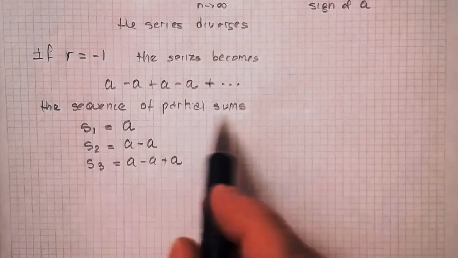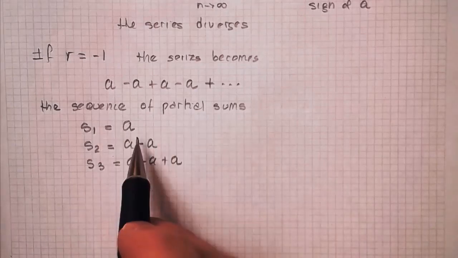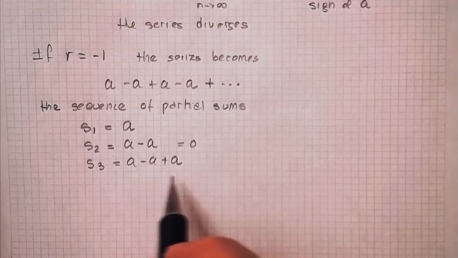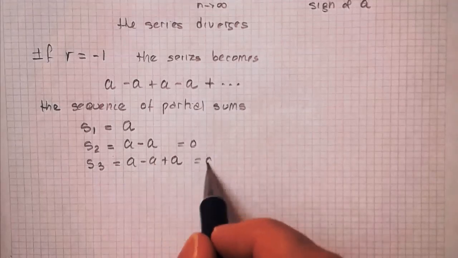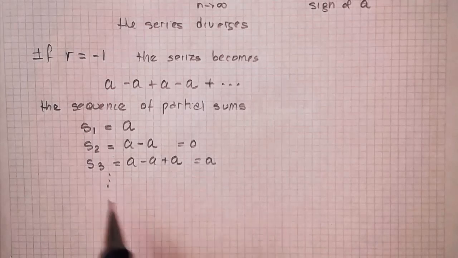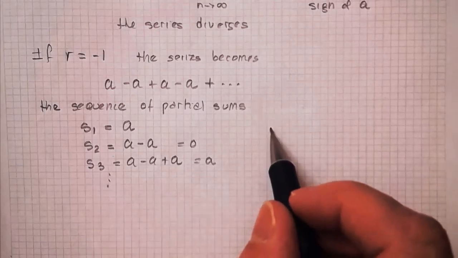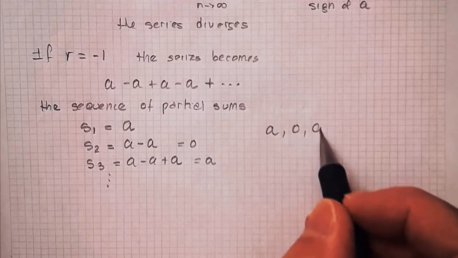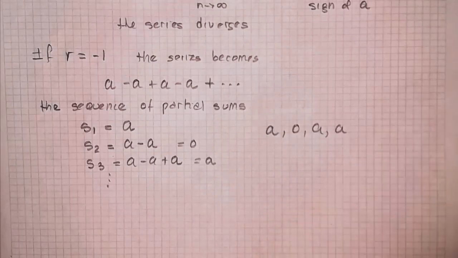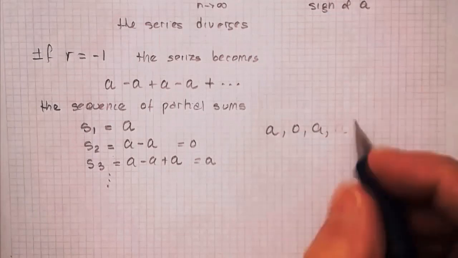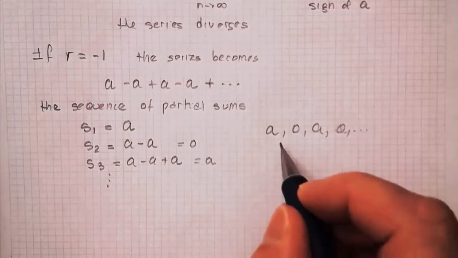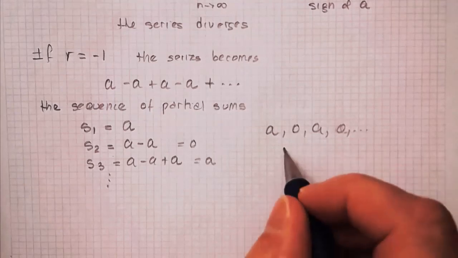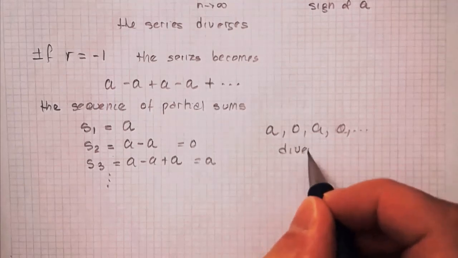And therefore, the sequence of partial sums is going to be a, and the second partial sum is going to be 0, and the third partial sum is going to be a, etc. So the sequence of partial sums becomes a, 0, a, 0, etc. So it keeps going up and down from a to 0. Therefore, it diverges.